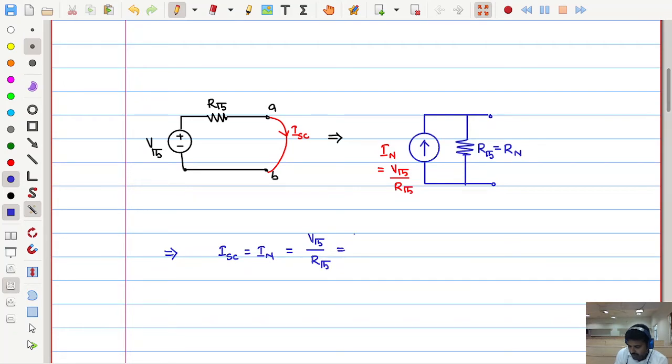But Thevenin's voltage can also be called the open circuit voltage at the load terminals, so we can write this as VOC by RTH. And at last, we can make use of these relationships to get RTH as VOC, the open circuit voltage, by the short circuit current.